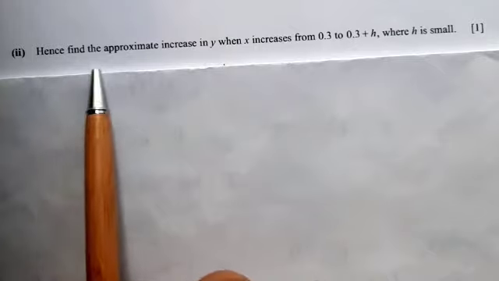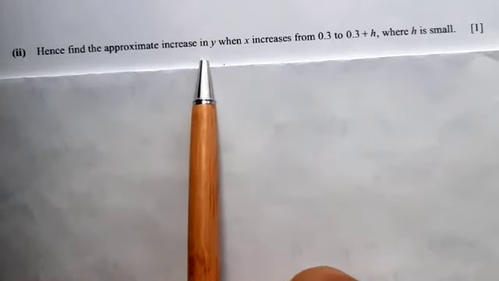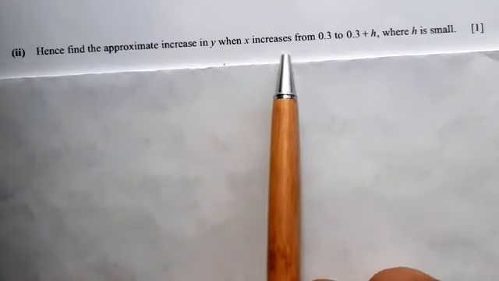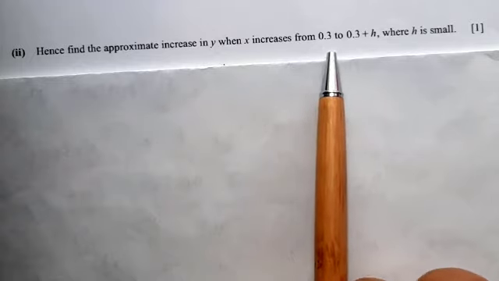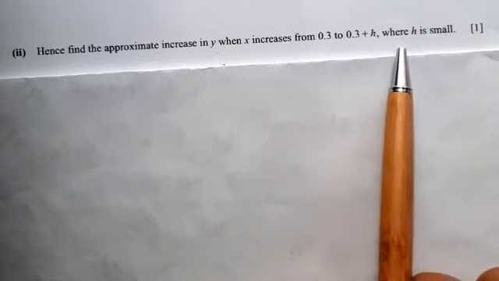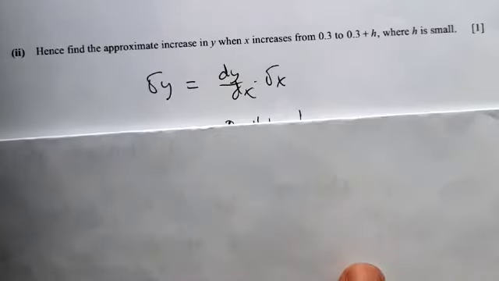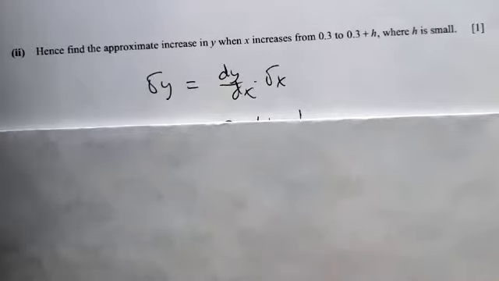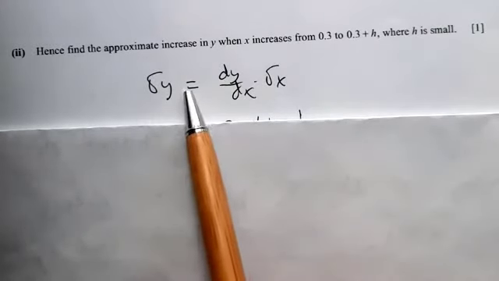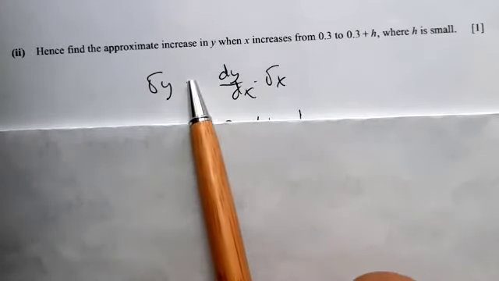II, hence find the approximate increase in y when x increases from 0.3 to 0.3 plus h, where h is small, that is a small change. The basic formula of small change is small change in y, that is delta y, approximately equals dy/dx times delta x.